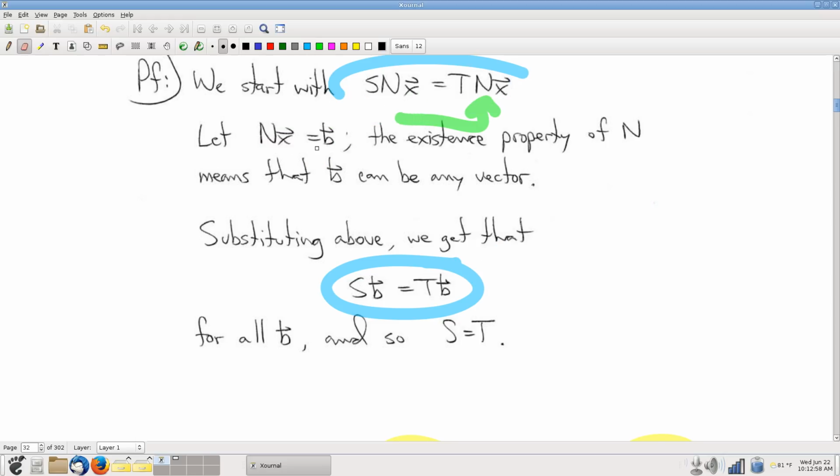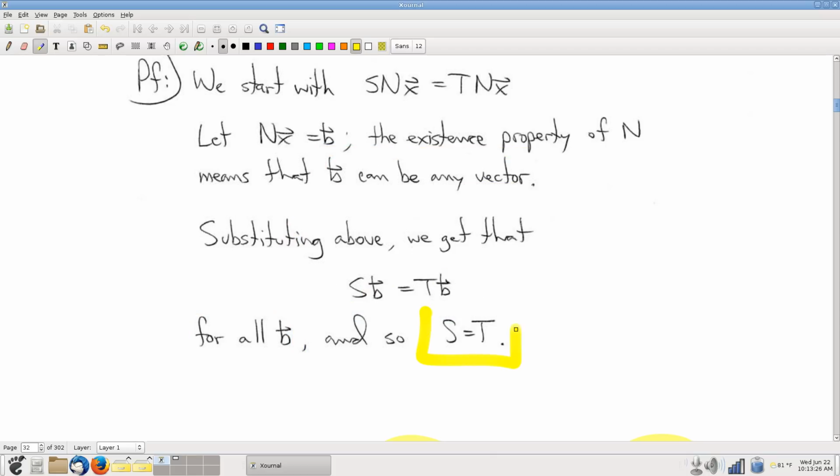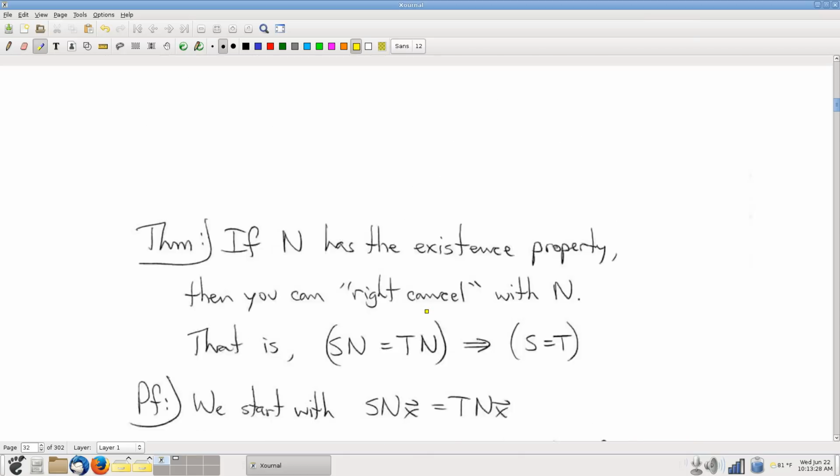And again, we find ourselves in the same situation. We have that Sb is equal to Tb, and furthermore, this is true no matter what b is. Critically here, we have already shown that b could be any vector. Right? So how could we possibly have Sb equal to Tb for all vectors b, no matter what b is? Well, the only possibility is if S is equal to T. All right, and again, that's what we wanted to show.